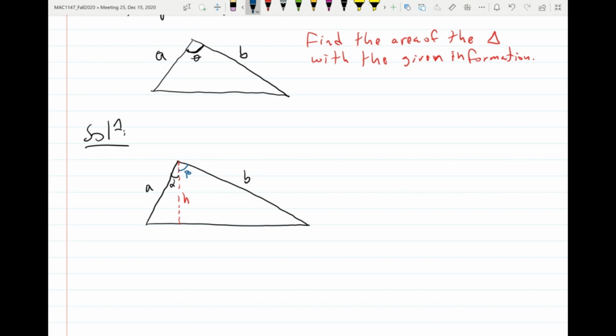So from this picture, it's clear that alpha plus beta equals theta, right? Because all I did was draw the height, and so this line splits the angle theta into two pieces. One piece is alpha, another piece is beta. This is not necessarily the angle bisector, okay? This is just the height. So that means alpha and beta don't have to be equal to each other.